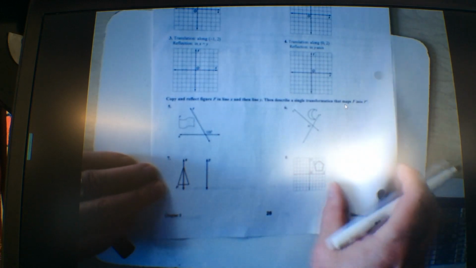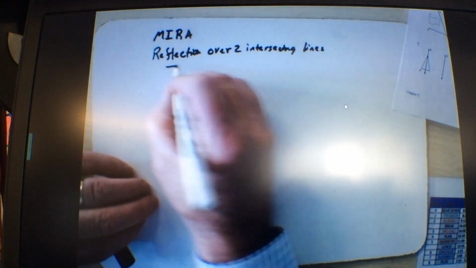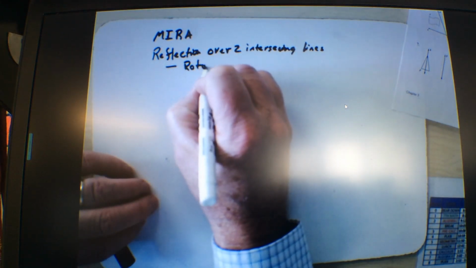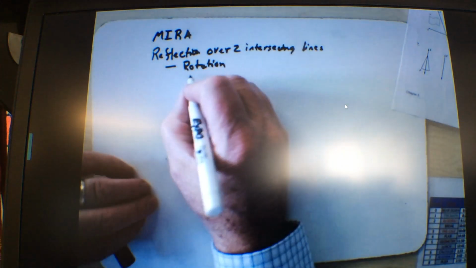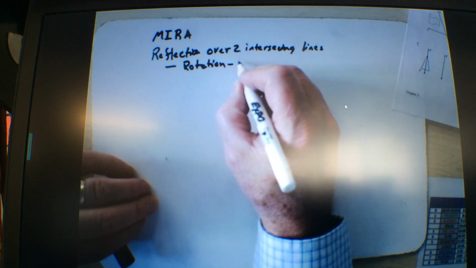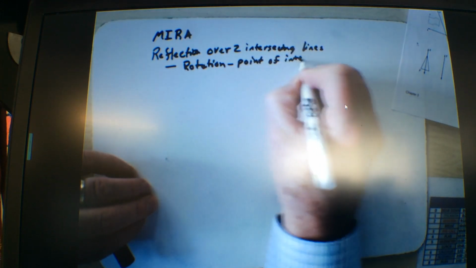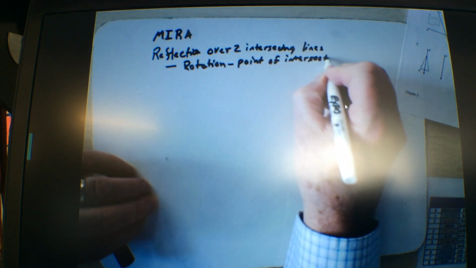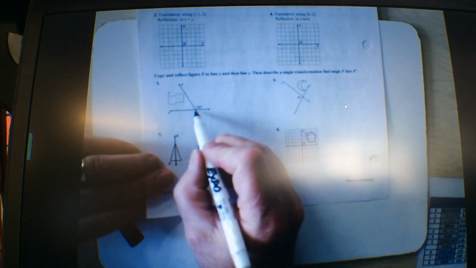Now, an interesting thing happens. What this produces is a rotation. And the rotation is about the point of intersection. It rotates about the point of intersection. You understand what I'm saying? So in other words, it's going to rotate around this point.